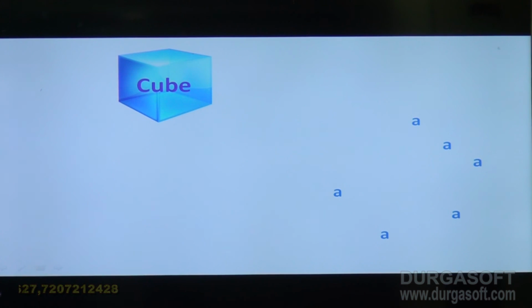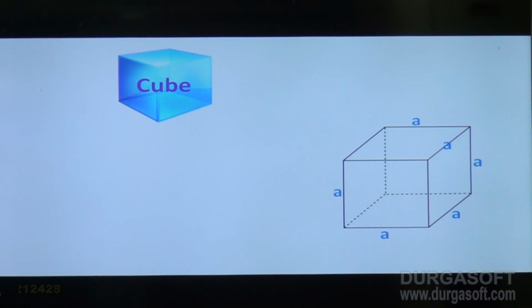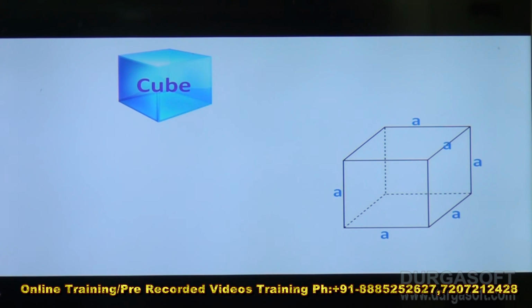Let's talk about the cube. If we see a cube, all the sides are the same, so we are taking each individual side as a. If you can see the figure here, on the other side all the sides are the same, so sides are taken as a.